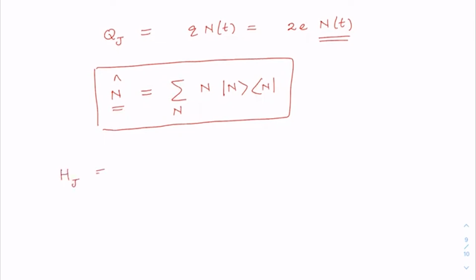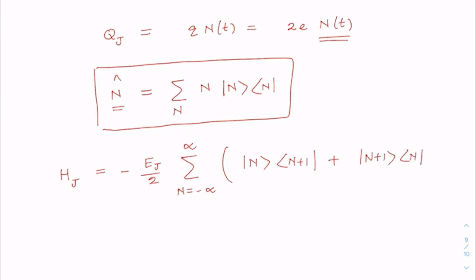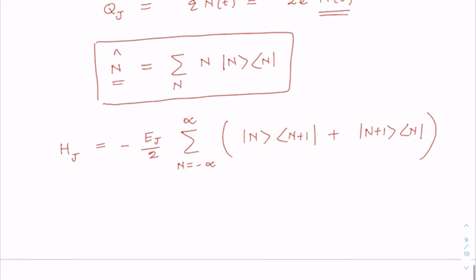The Hamiltonian can be written in this form. We have Hj equal to minus Ej by 2, with n going from minus infinity to plus infinity, and a Cooper pair is tunneling from one island to another, and it has to be Hermitian, so we have to have a term like this as well. I think this should remind you of what we discussed about the tunneling part of the Hamiltonian in the context of the Cooper pair box.